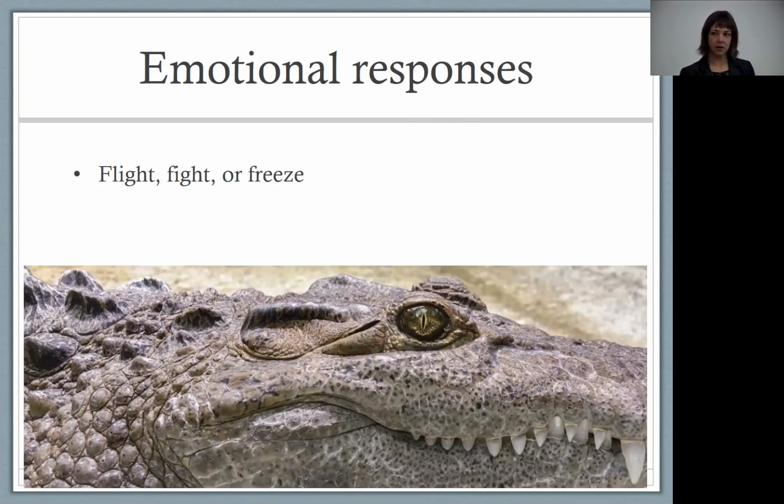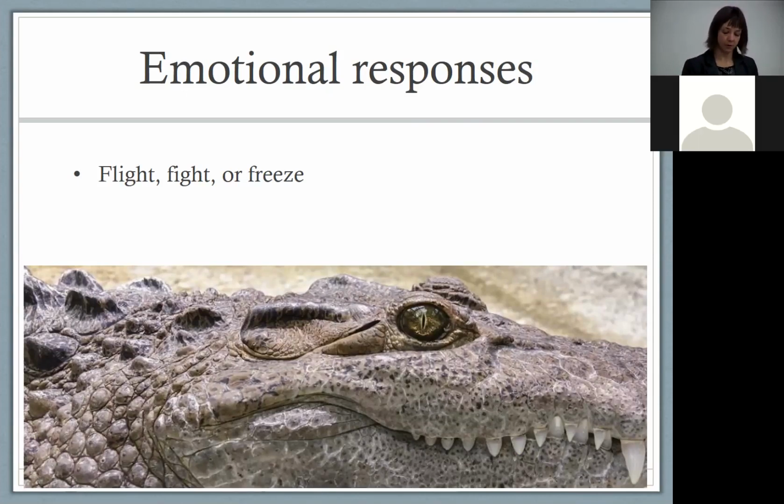It's this idea of there's a predator, and an emotional response triggers in our brain this idea that something's attacking me, there's something wrong, and so that's why I'm either going to run away from that animal, or I'm going to attack that animal, or I'm just going to freeze. And if you look at certain nature videos, you'll see there's different animals that freeze, and those that attack, and those that run away.